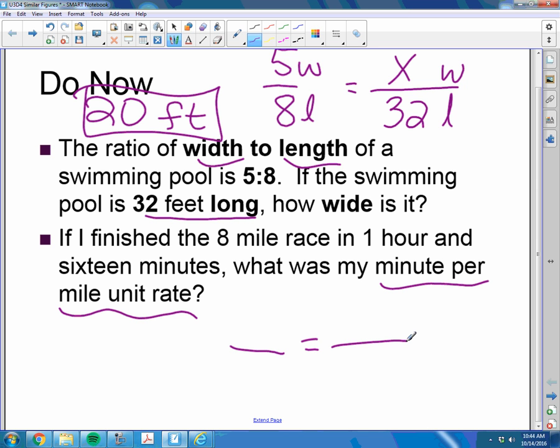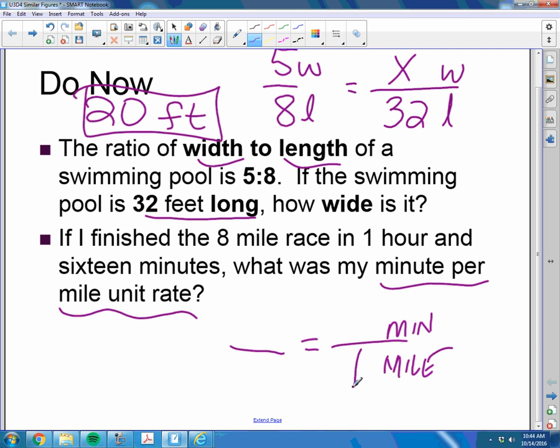It says, what was my minute per mile rate? That's half my proportion. Minute per mile. When you see that per mile, per gallon, per pound, they're giving you how many gallons and pounds and miles it is. It's 1. It's a unit rate.